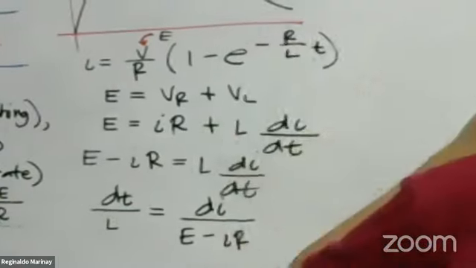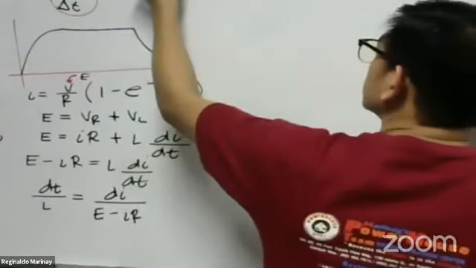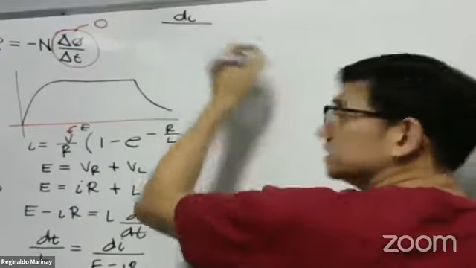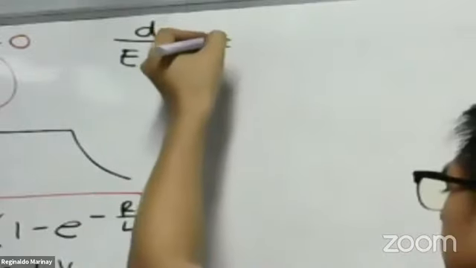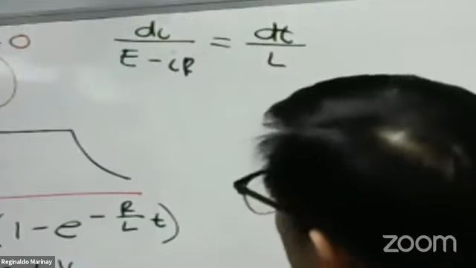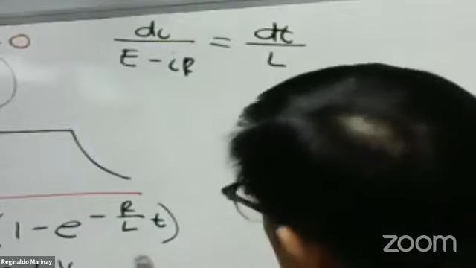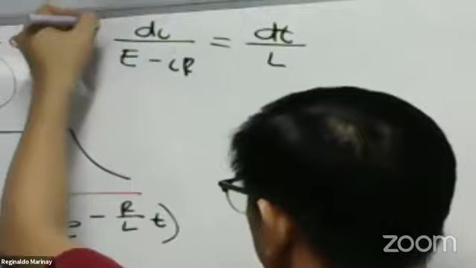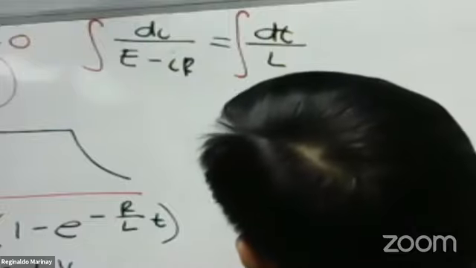I will have first our di over E minus IR, that is equal to dt over L. So this is variable separable. Let us integrate both sides.